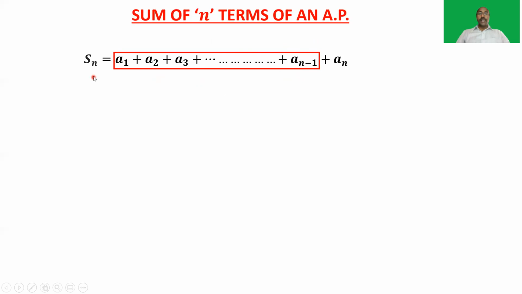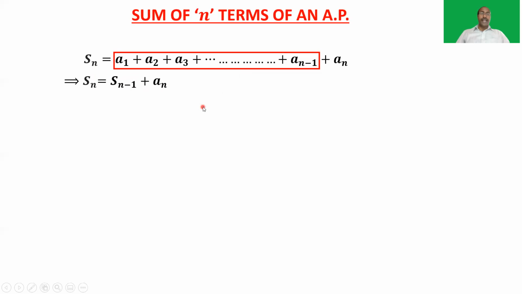So we can write Sn is equal to S(n minus 1) plus an.